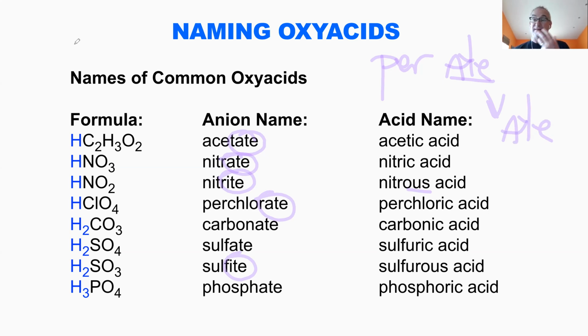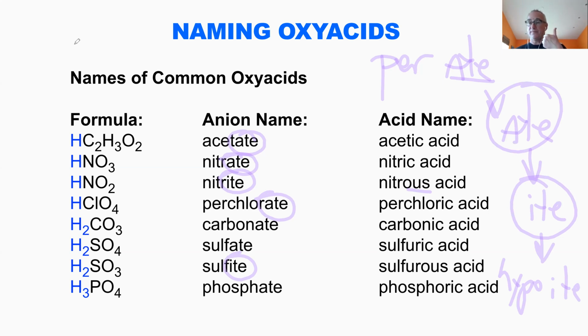And then the next one down from that would be "ite". And then down from that would be, I can't remember, "hypo" with "ite". That's only if there are 4 different ions available. If there are only 2, you use "ate" and "ite", "ite" being the fewer number of oxygens, "ate" being more oxygens. So that's the only difference.